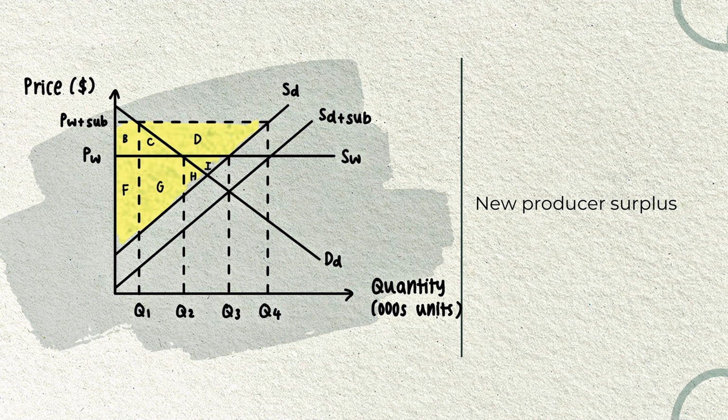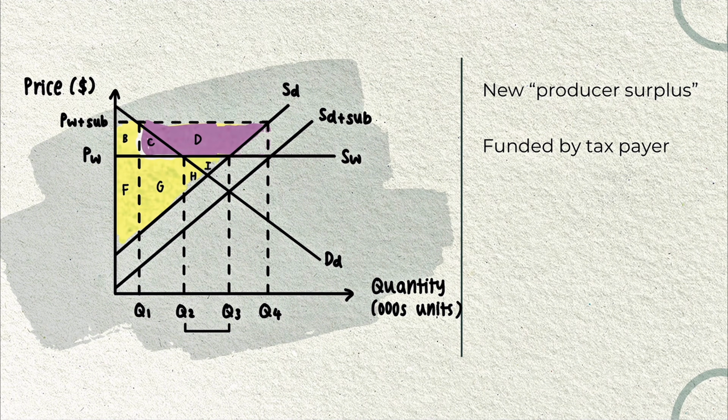In the next few slides, I will be evaluating that the increase in producer surplus of B, C, and D might be artificial. So the new producer surplus is actually funded by the taxpayer. So there's no real gain in surplus whatsoever.